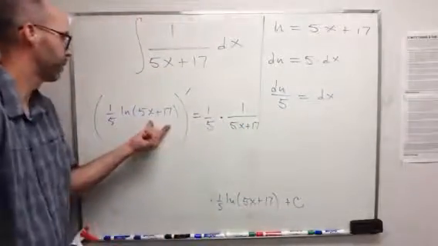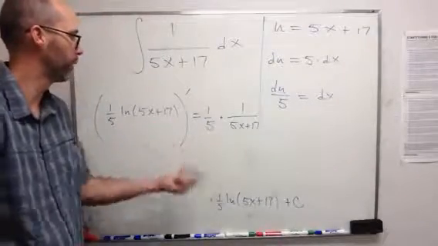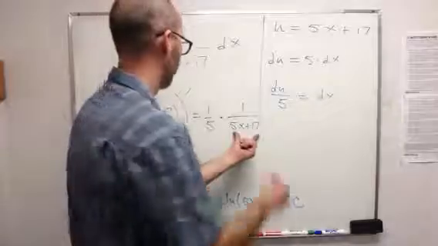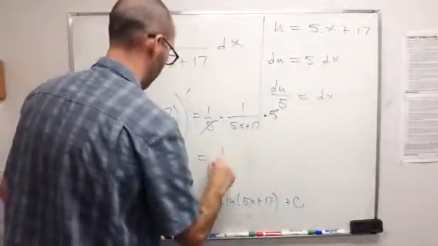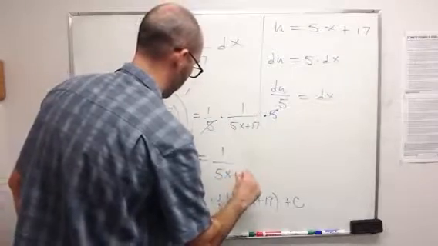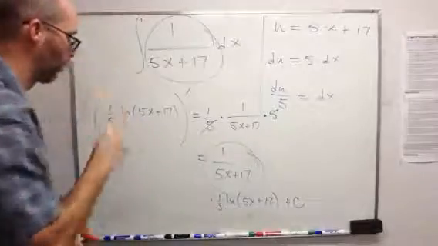Now we treated 5x plus 17 as an x, so we've got to take the derivative of that bit afterwards. The derivative of 5x plus 17 is 5. So this guy and that guy are the same. We know we did our work correctly.